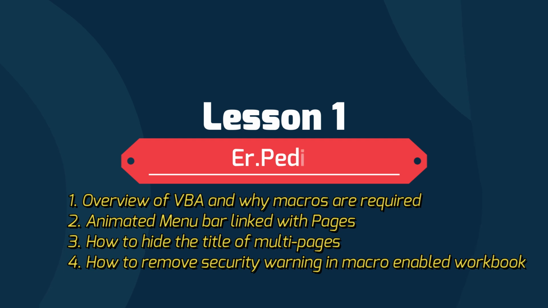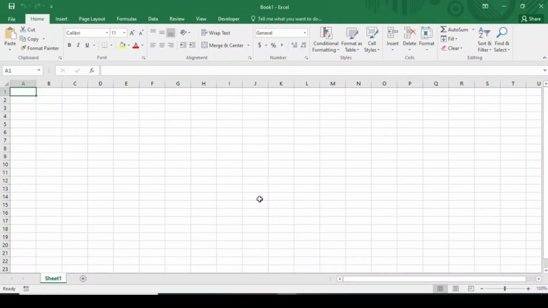Then we'll learn to create the animated menu bar, where we do a little bit of coding, and we'll link that menu bar with different pages. We'll also learn how to hide the header of the multi-page, and how to remove the security warning in the macro enable file. All these topics are covered in this video. This is the initial video, and such videos will come in a row.